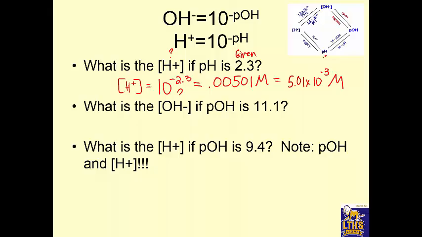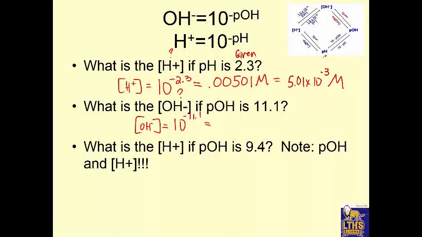This question says, what is the OH minus? Okay, so I'm looking for OH minus. What do I know? I know pOH. So it's one step, and I just follow the arrow. If I want OH minus, I need to use 10 to the negative 11.1 to figure it out.